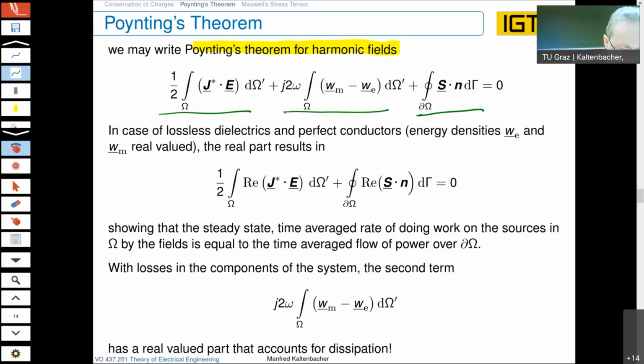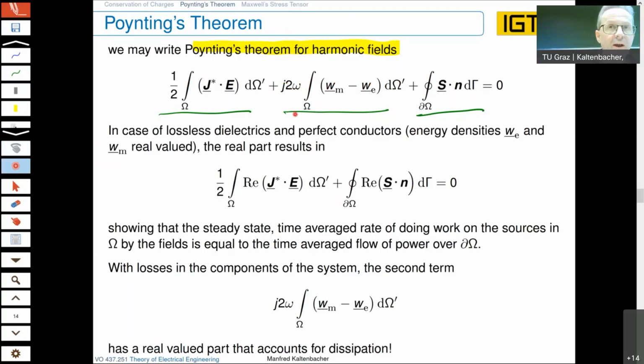Please also note here that we have j, the complex unit, times 2 omega. If you have no losses, then we have the pure inductive part and the pure capacitive part without losses, and if you take the real part of this, this will be 0.